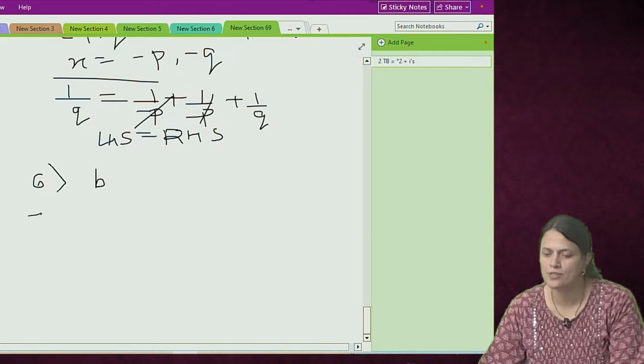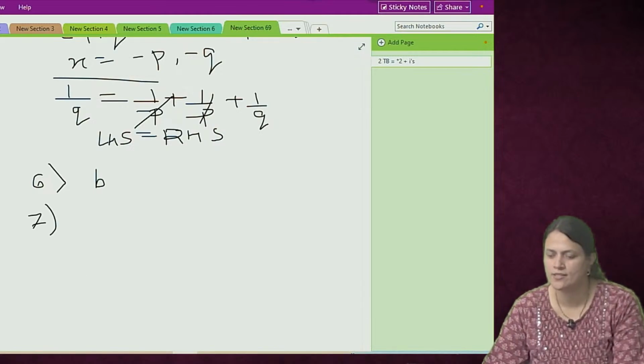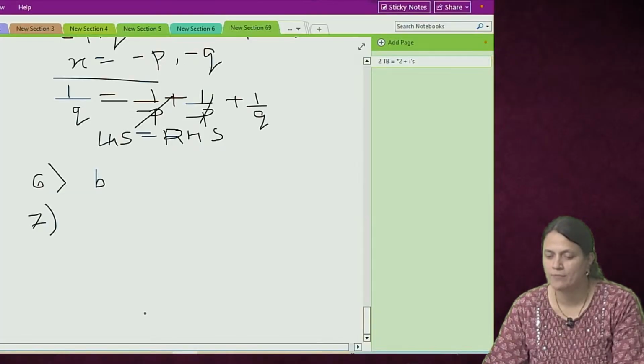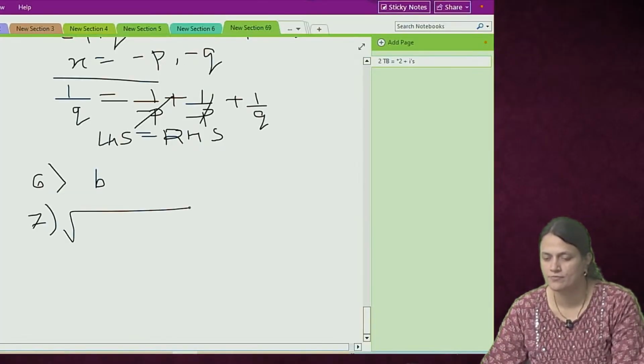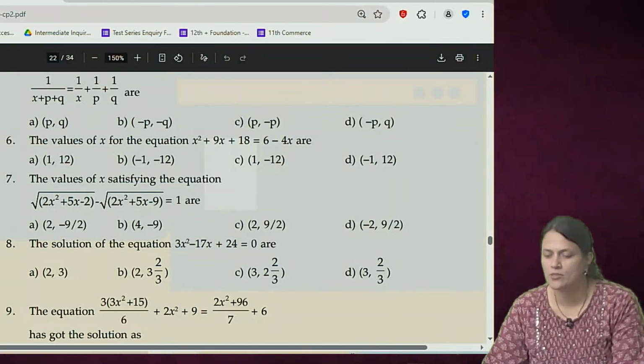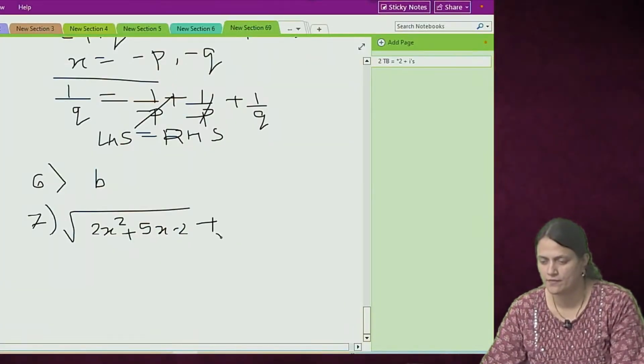Substitute the values. Option B is the correct option for 6. For 7, 2x square plus 5x minus 2. Minus 2x square plus 5x minus 9.